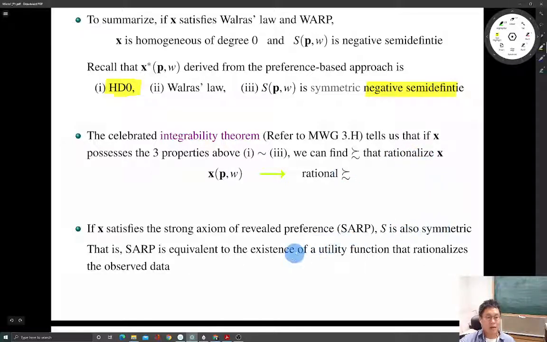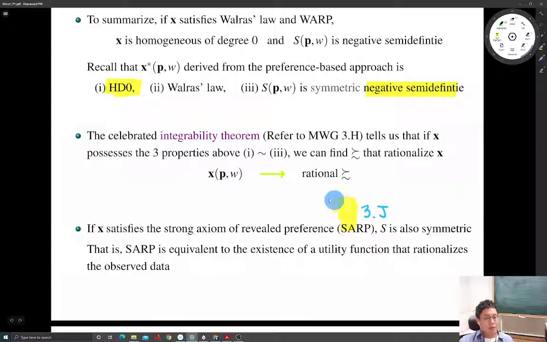That means there exists a utility function that rationalizes the observed data. I'm not going to go through this strong axiom, but it can be thought of as the recursive version of the weak axiom, where we apply the weak axiom to a sequence of observed bundles. If you are interested in that strong version, you may refer to Mas-Colell, Whinston and Green, chapter 3.J. It appears in 3.J.